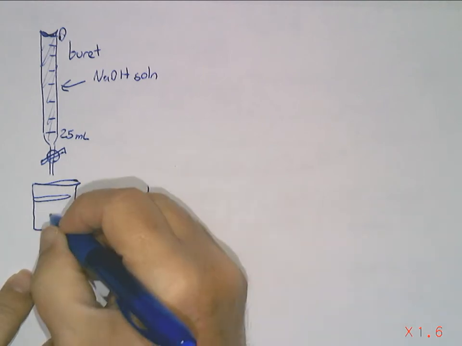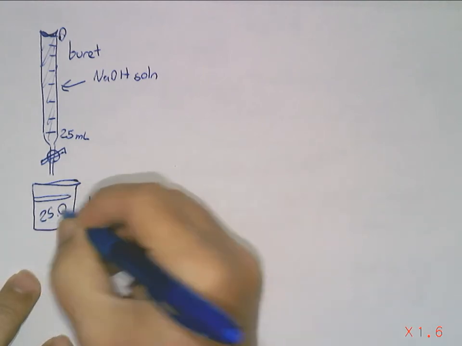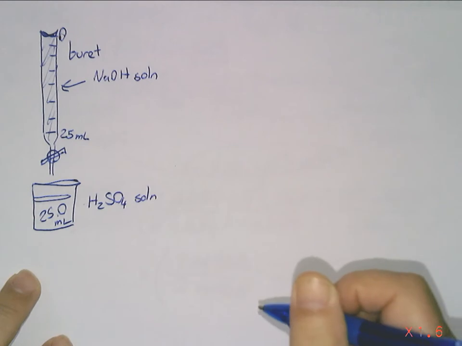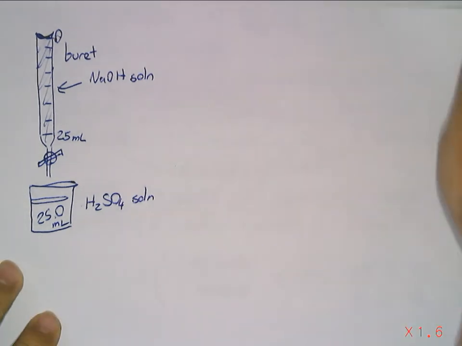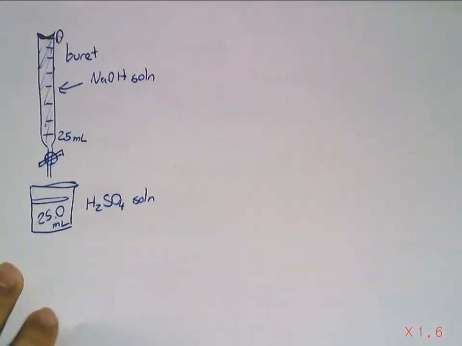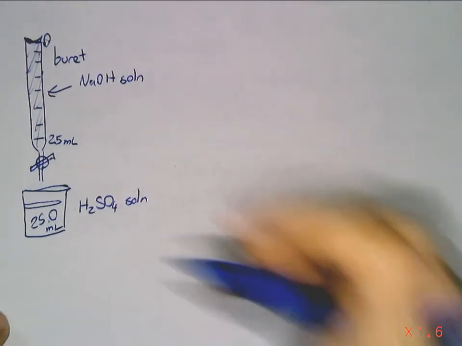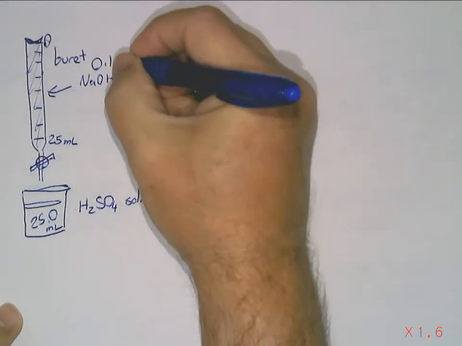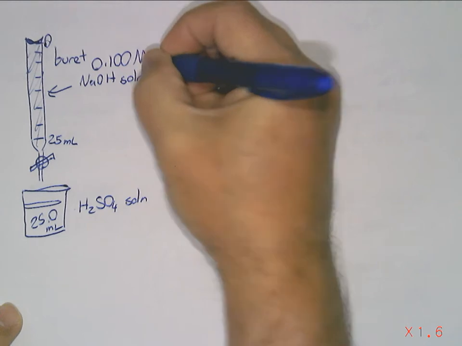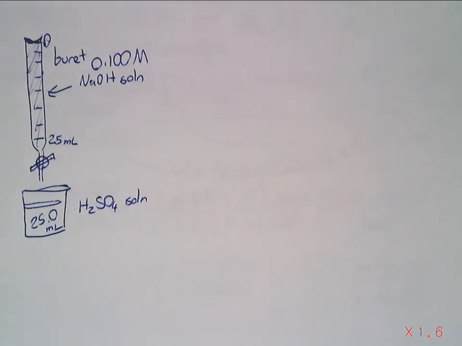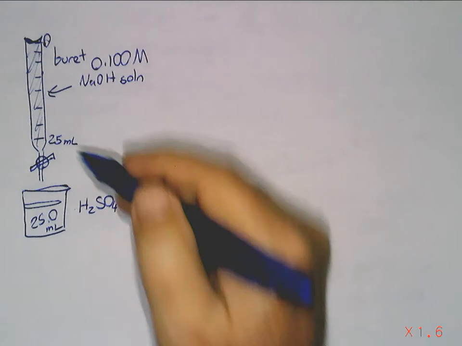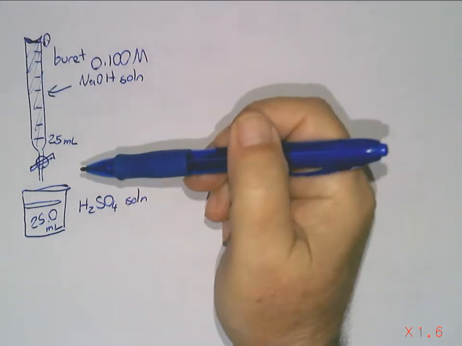And I had 25 milliliters of this at this point. And what was my concentration of the sodium hydroxide solution? 0.1 molar in that problem we just did. So this is what it looks like at the start of the experiment that's based on the calculation that we just did. And you learned how to read a burette in lab.